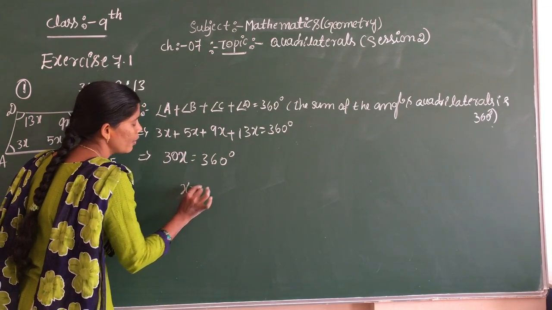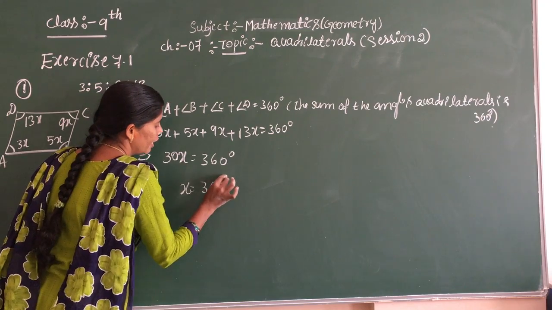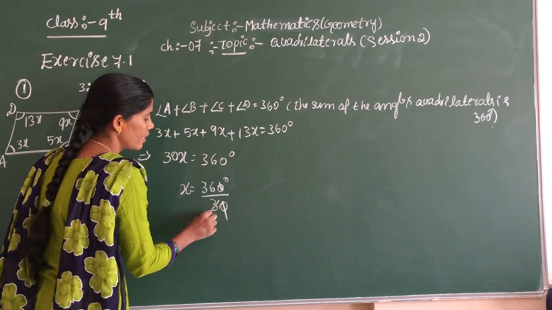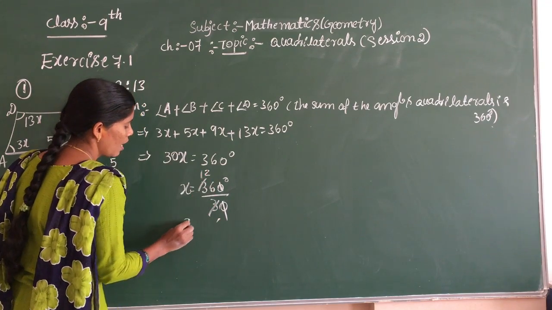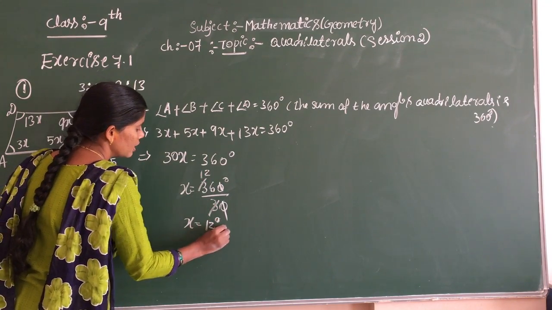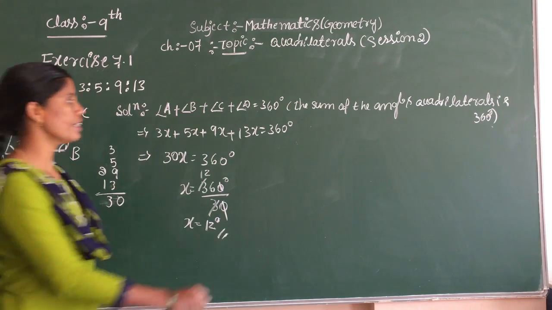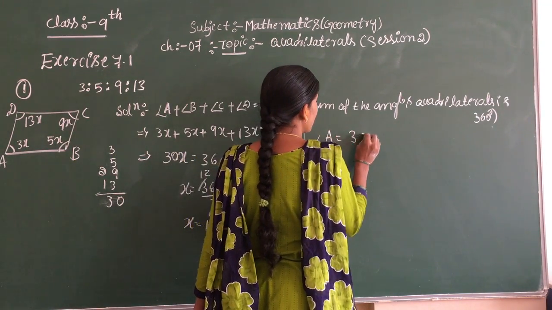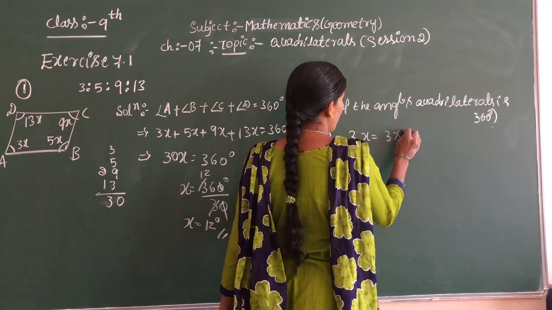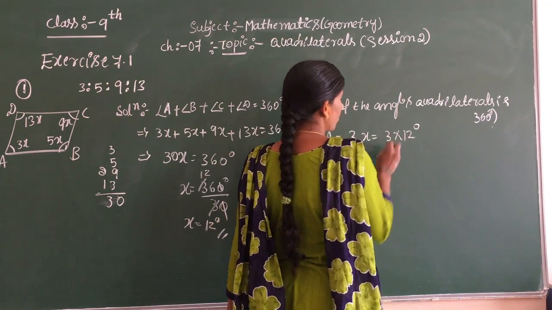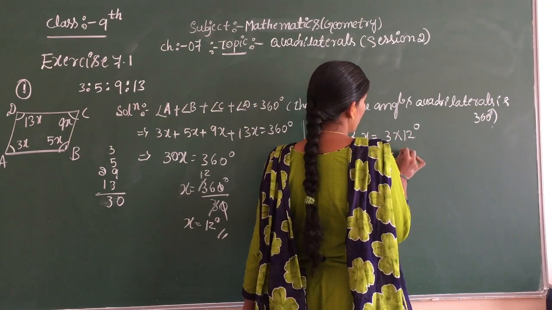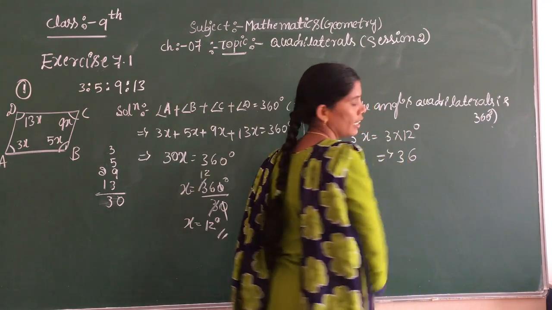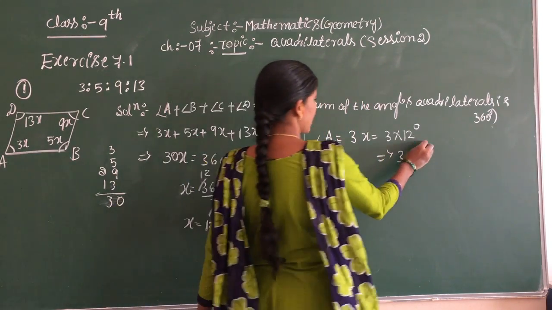x is equal to 360 degrees divided by 30. So the zeros get cancelled: 3 ones are 3, 3 twos are 6, so x is equal to 12 degrees. Now find angle A. Angle A is 3x, which is 3 into 12, so 3 twos are 6, 3 ones are 3: 36 degrees.